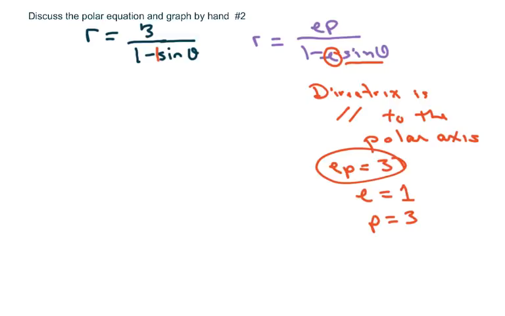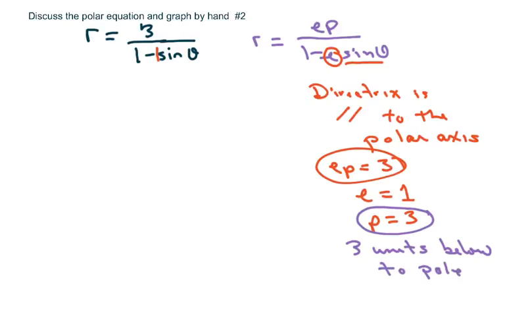We also know that this is going to be 3 units below the pole. Okay? So we also know that e equals 1, and if e equals 1, then that is going to be a parabola.